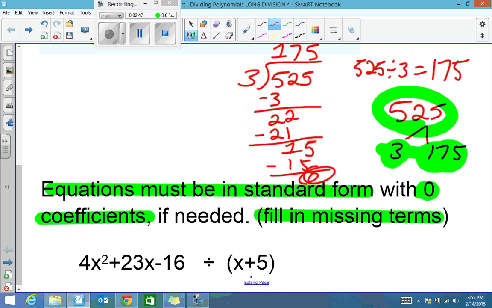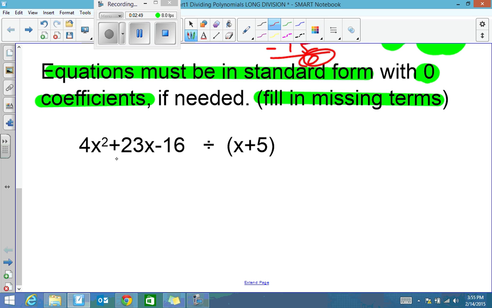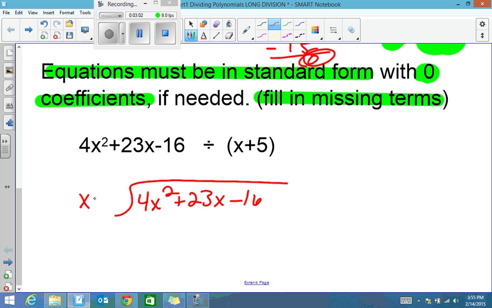Okay, so let's look at our first example. We set it up just like a long division problem with numbers. So we say 4x squared plus 23x minus 16 divided by x plus 5.